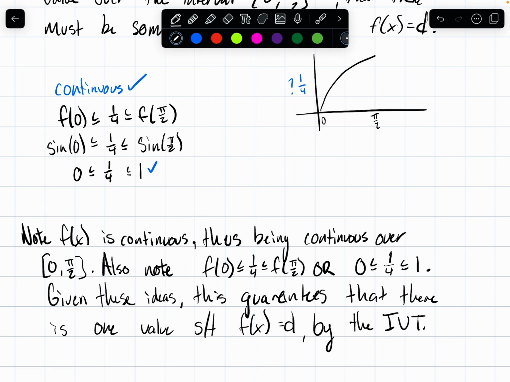So let's think about what we have in this statement and why it's important that these certain things are there. To use the IVT, it needed to be continuous, and those y values also had to match up. That d value, that 1/4, had to land in this range from 0 to 1, because that's where our function lives. It has to land in there first. If the value is outside of the range, the IVT can't say anything about it, essentially. So you have to say these two things. So given these two things, this guarantees that there's at least one value such that f of x equals d by the intermediate value theorem.